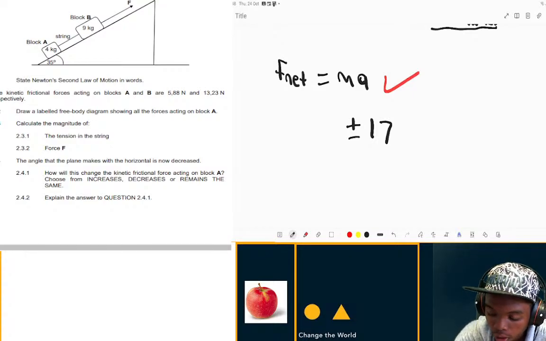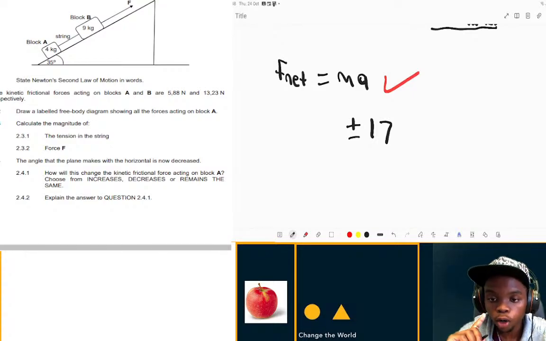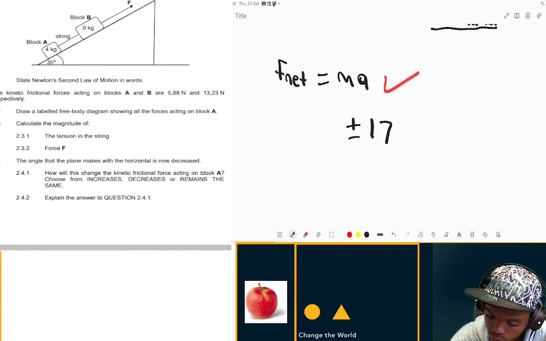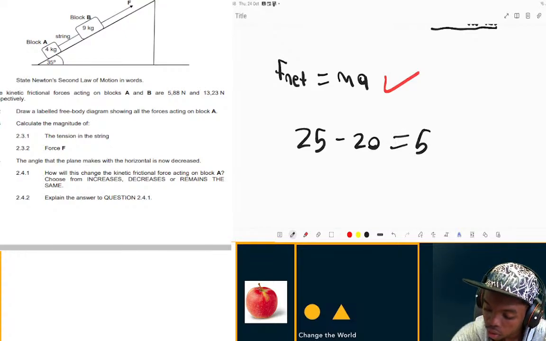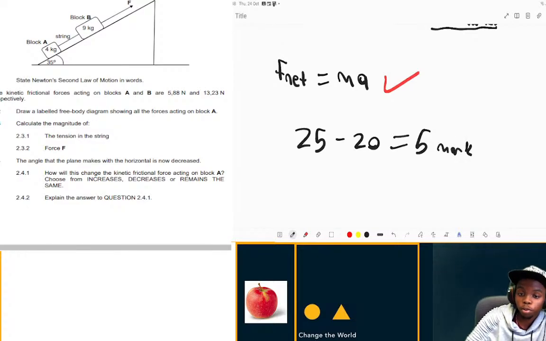Now, remember we took 20 from the definitions. After we took that 20 from the definitions, we're left with 25. So 25 minus another 20, because we said it's plus or minus, you get your 5. That means we're only left with 5 marks to pass.